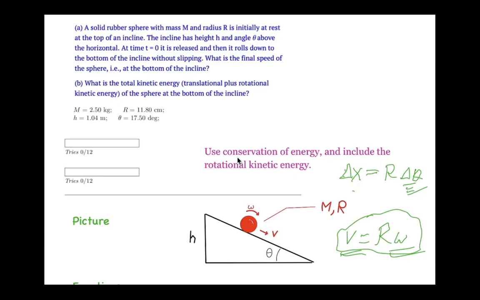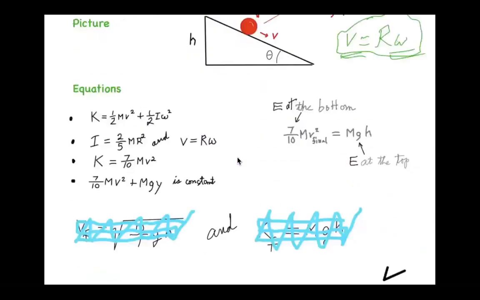Now, what's the question? Well, the first question is, what's the final speed? So we want to know the final speed. And the second question is, what's the kinetic energy? Total kinetic energy, both translational kinetic energy from v and rotational kinetic energy from omega. So first we draw a picture, then we write down the necessary equations.